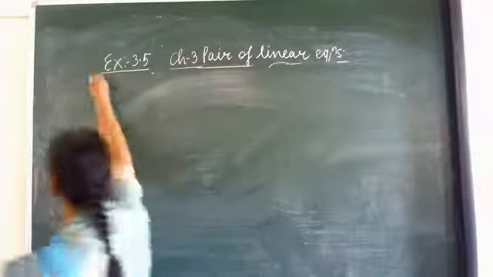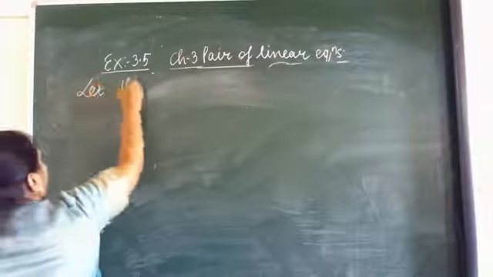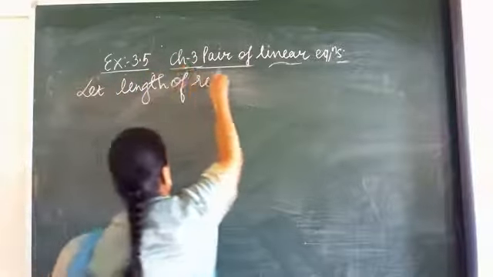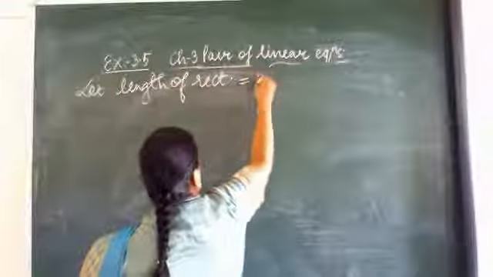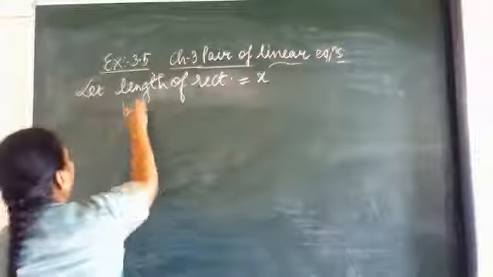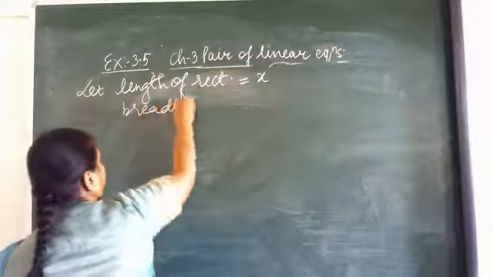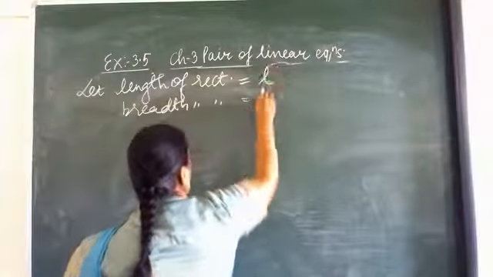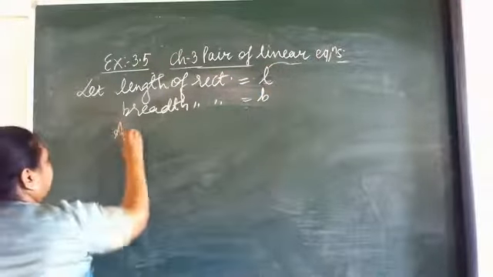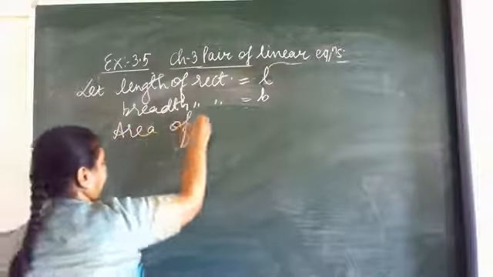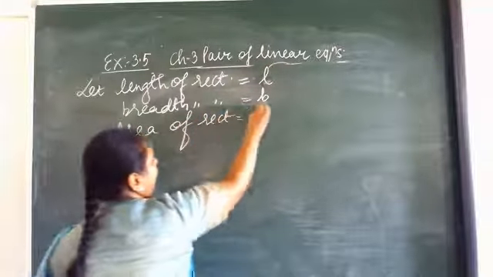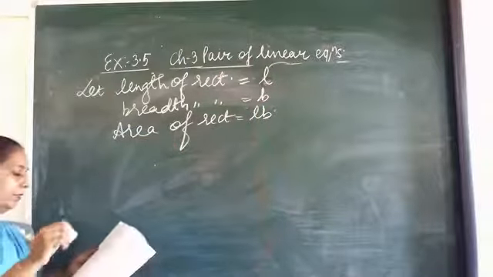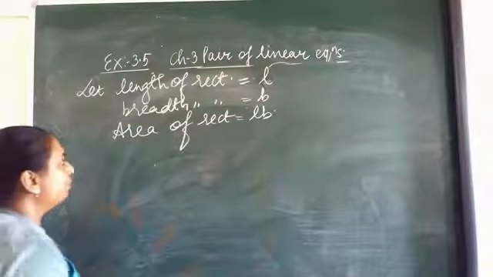So let the length of the rectangle be L, and breadth B. So the area of the rectangle becomes LB.